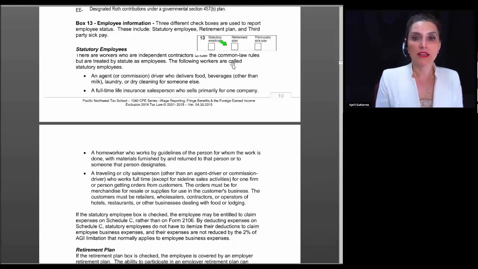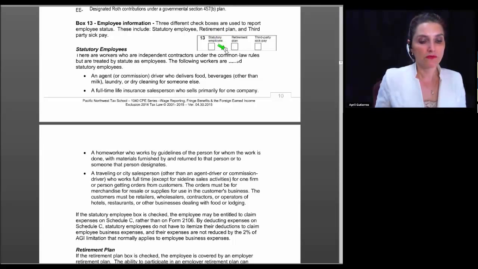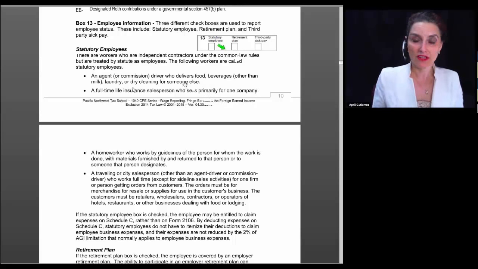So when an employee has a retirement plan at work and then they make a contribution to an IRA, it could be the case that contribution to their IRA is deductible, but it could also be the case that it's not deductible. And if the retirement plan box is checked, then the contribution could become non-deductible based on their income level. And we get into how you figure the deductible part of an IRA contribution in the same class, above the line deductions, next week.